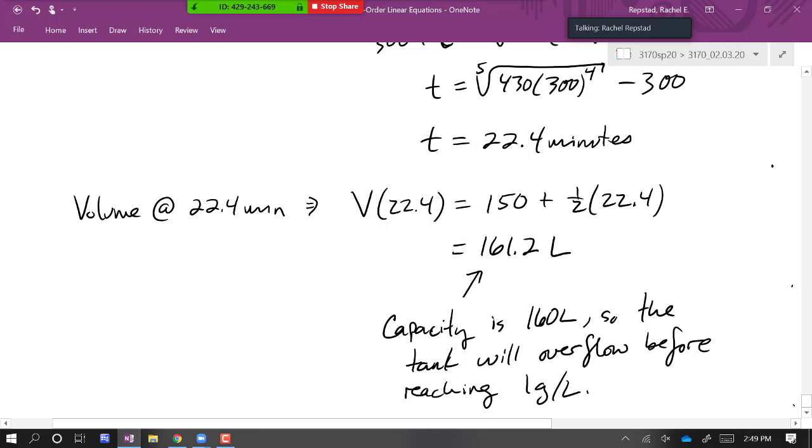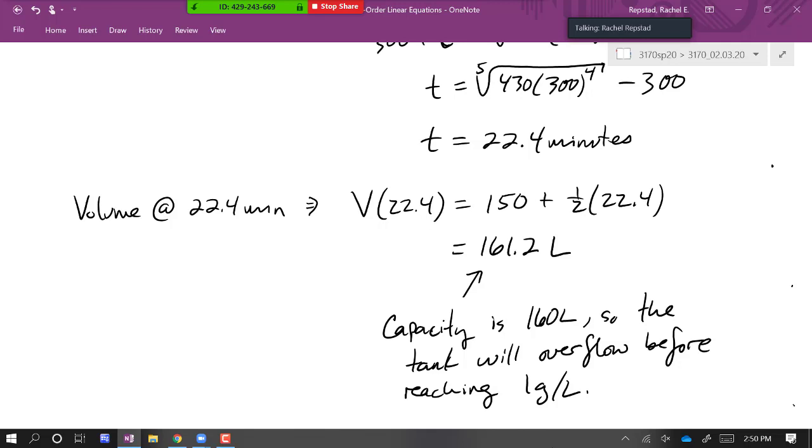There's a problem on the assignment that you're going to turn in on Friday that is kind of similar to this. Only instead of increasing the input and wondering if it'll get to the desired concentration before it overflows, let me see how it's worded. Increase the concentration of salts.